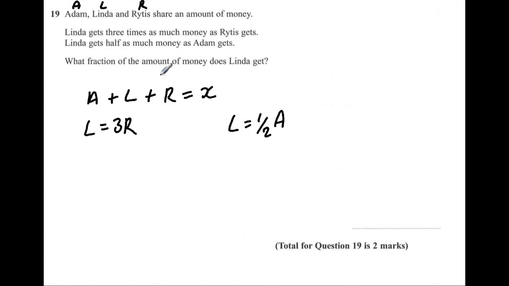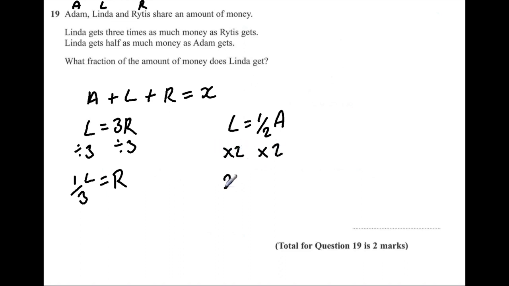Now I'm going to rearrange the equation to make R the subject. So I'm going to divide both sides by 3. So what we should have is a third L is equal to R. On this side, I'm going to make A the subject by multiplying both sides by 2.